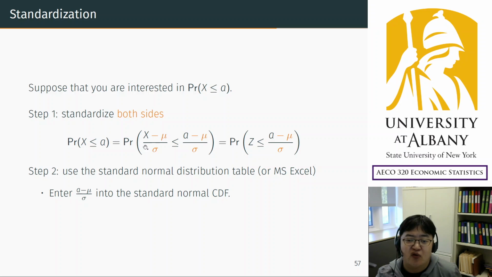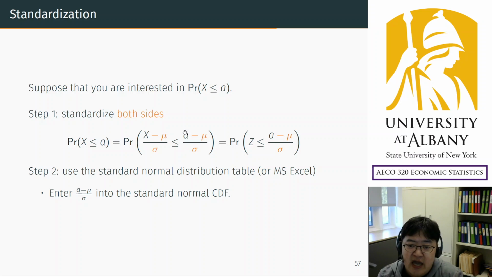X minus mu over sigma is smaller than a minus mu over sigma. So after this transformation, the left-hand side becomes a standard normal distribution, Z. So we are going to rewrite x minus mu over sigma as Z, because this is a standard normal distribution now.